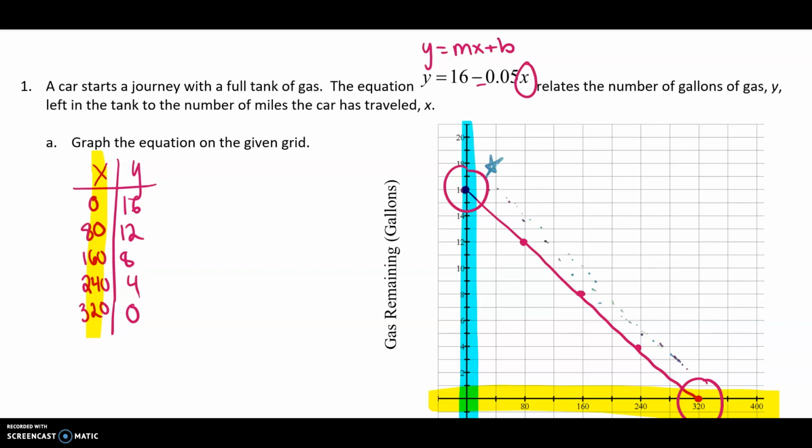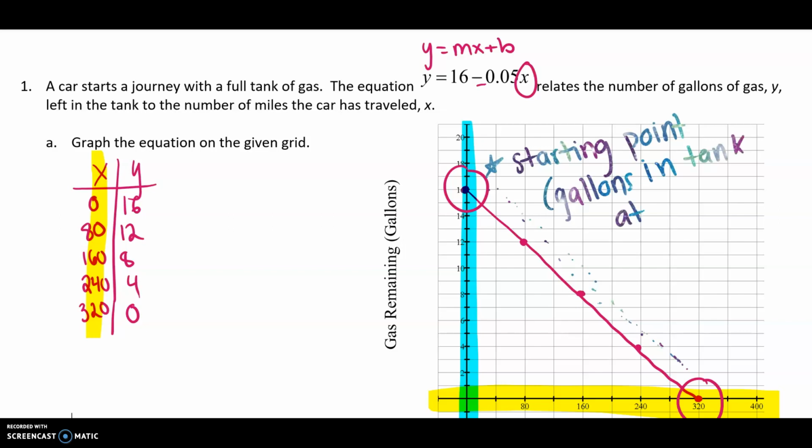And that's what's represented in this graph here. So the y-intercept, what it represents in context is, I like to call it your starting point, which makes sense because that's where you start graphing as well. Specifically in this context, it's how many gallons you start with, gallons in the tank before you start driving.